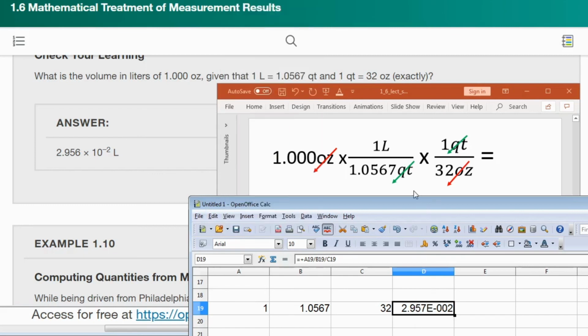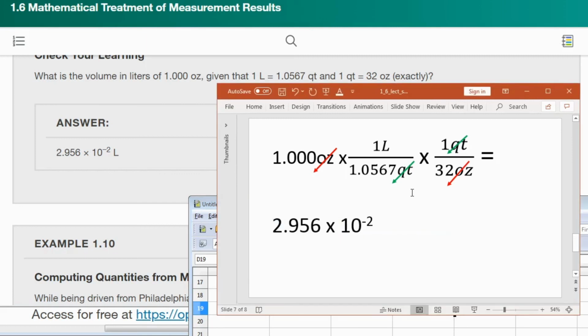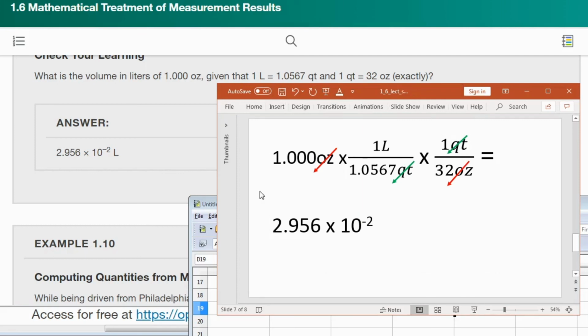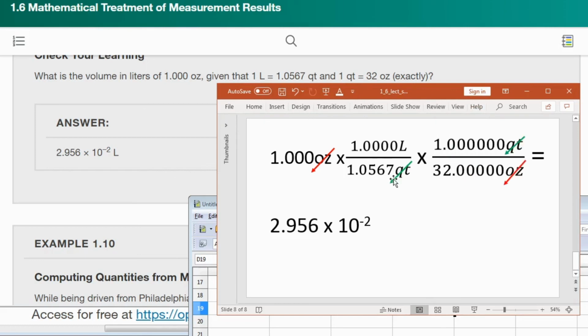Now there's a subtlety here if one was keeping track of the significant figures. Notice this looks like only one significant figure, but remember this is a conversion factor, and to be a little bit more persnickety here, we could make this so that the significant figures are large. And we'll note that it says 1 quart is 32 ounces exactly. So this could be just like an infinite number of decimal places for the conversion factor.